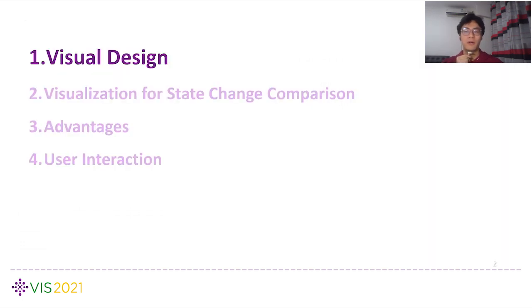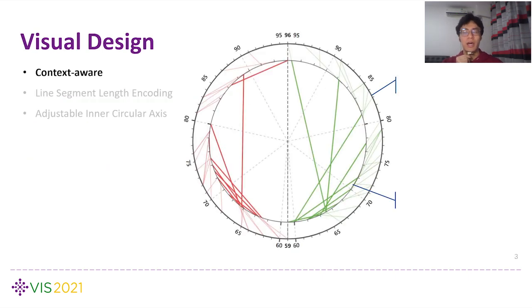First of all, I would like to briefly introduce its design. As shown by the title of our paper, Intercept Graph is a novel visualization to support interactive comparison of state changes. Our design has several advantages over existing techniques. First is a context-aware visualization.